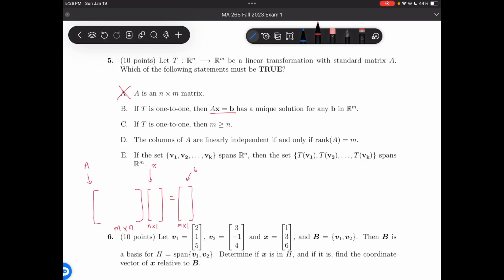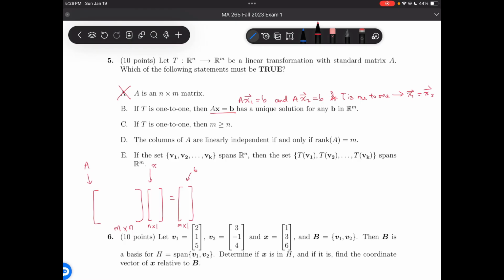for any B, there is at most one x that satisfies this equation. So it's not possible, if we have Ax1 equals B and Ax2 equals B, and we know that the transformation T with standard matrix A is 1 to 1, that implies that x1 equals x2.